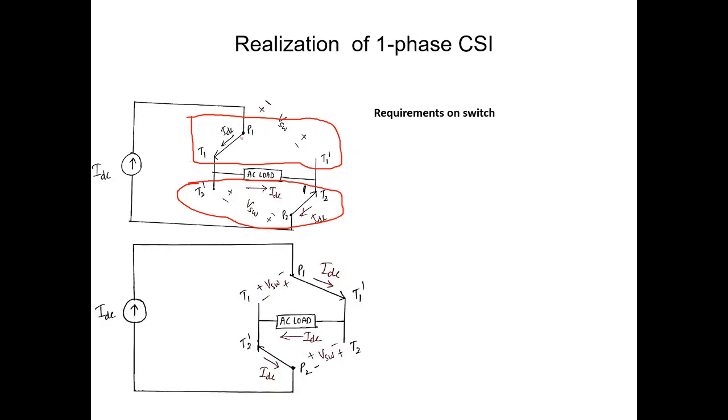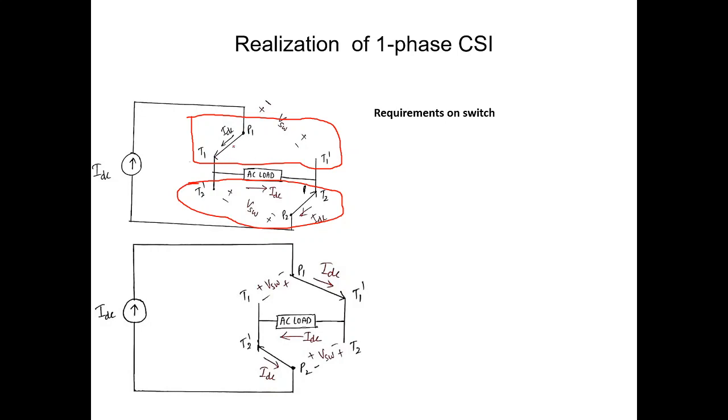Now let us see what would be the voltage and current across the load as well as across the SPDTs for various switching positions. First let me take this switching position, that is pole 1 is connected to throw 1 and pole 2 is connected to throw 2. For this connection, what should be the direction of current flowing through the load? That should be this way.